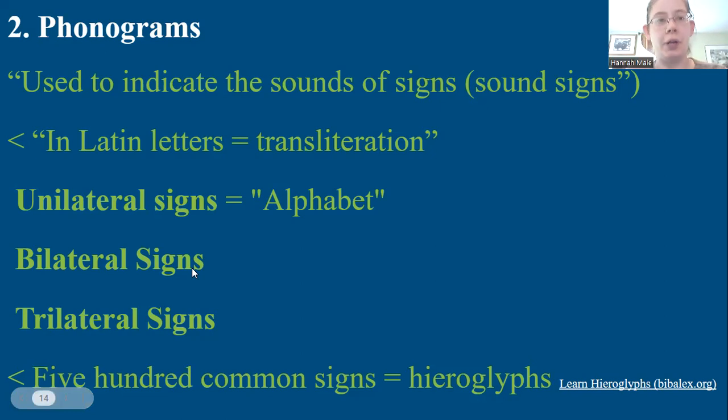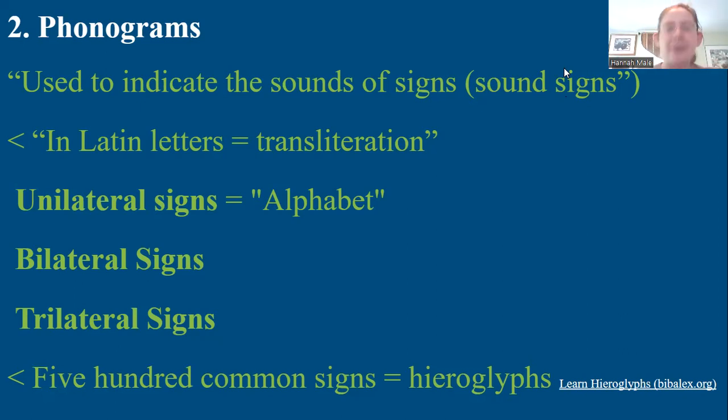So phonograms, like I said, are used to indicate the sounds of signs, so they're sound signs. So this is where you get those transliterations. Phonograms can then be further broken down into the unilaterals, the bilaterals, and trilaterals.